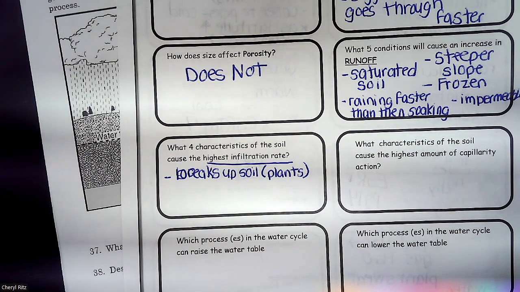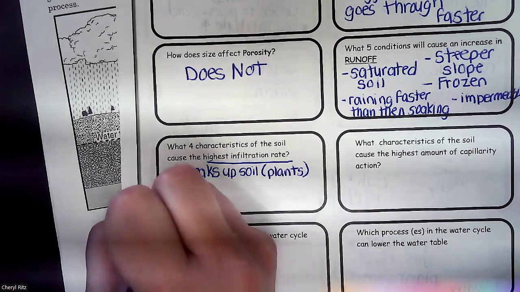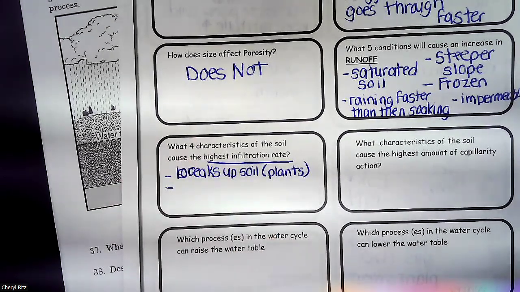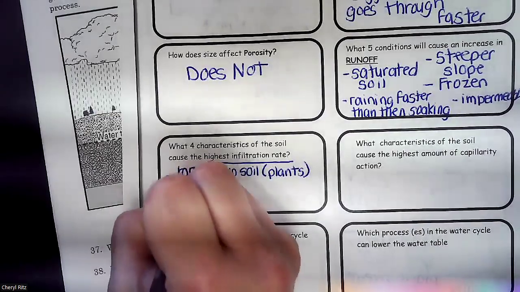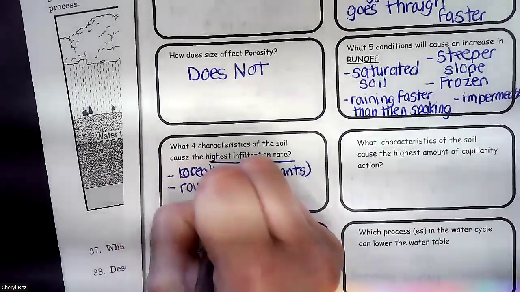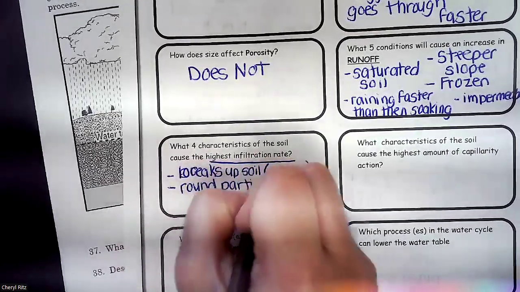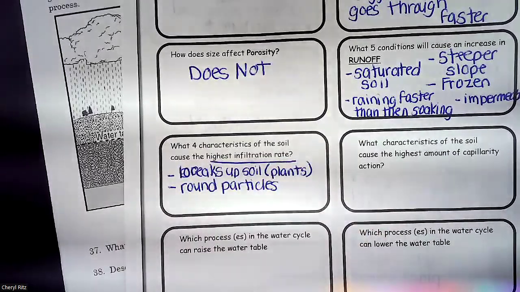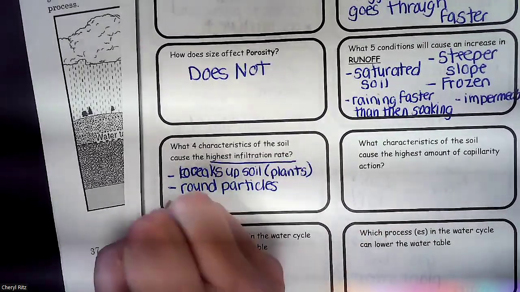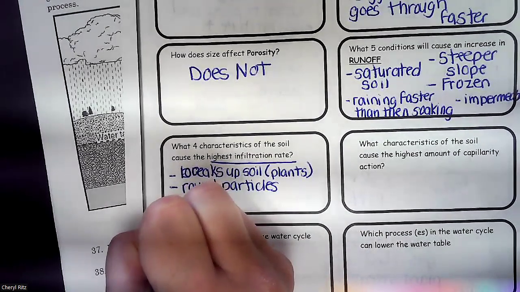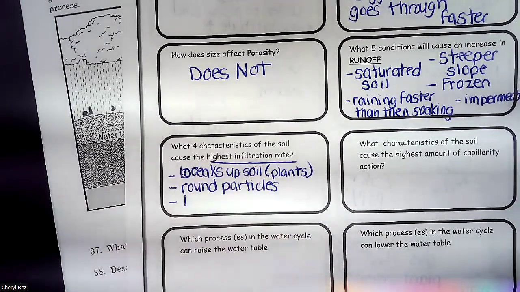Give me another thing that will cause water to soak in faster. What about the shape? You're right. What shape soaks in faster? Round. What size particles? It does matter. Which one will have the highest infiltration rate?